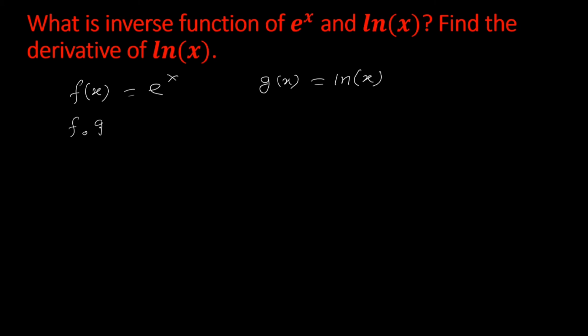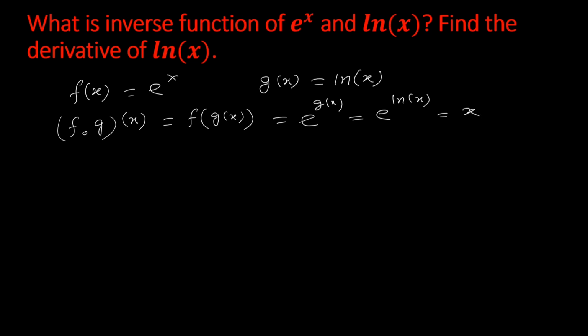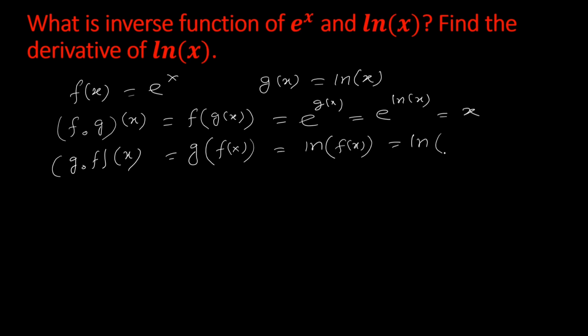F composition g of x is equal to f of g of x, so e to the power ln x, which is equal to x. In the same way, g composition f of x is equal to g of f of x, which is ln of f of x, equal to ln e to the power x, which is equal to x.